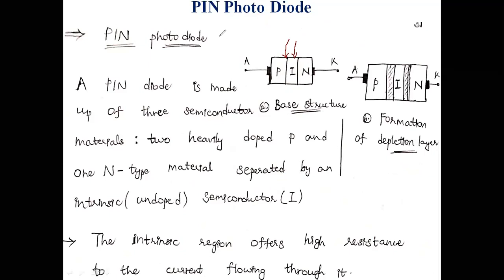Indirectly, in sources, electrical energy to light energy is there, in optical sources like LEDs. Whereas here, light to electrical energy is our output. That is the conversion part.